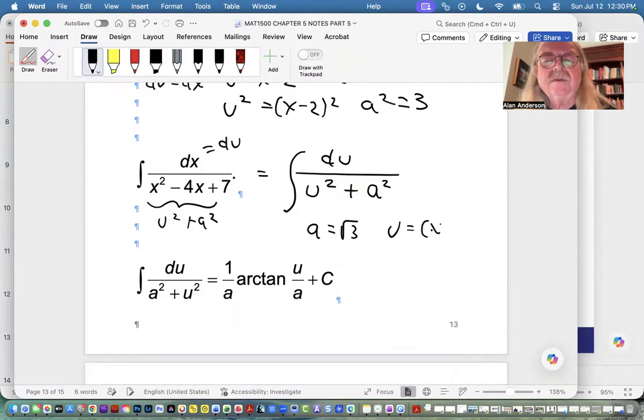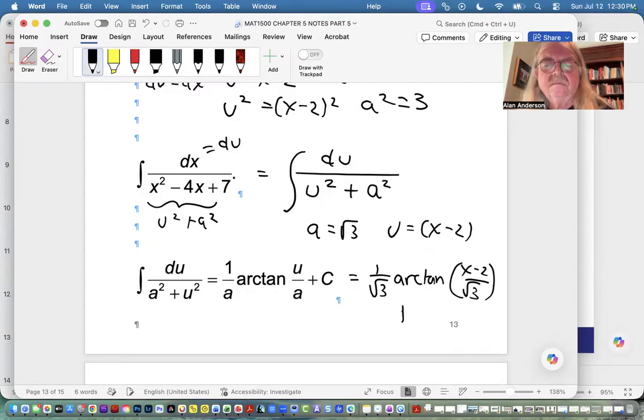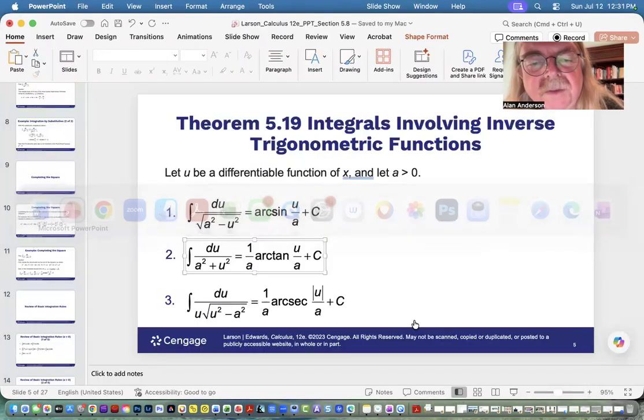U is x minus 2. And of course, du is, oh, that's right. We don't need it because we're just substituting. And that should do it.